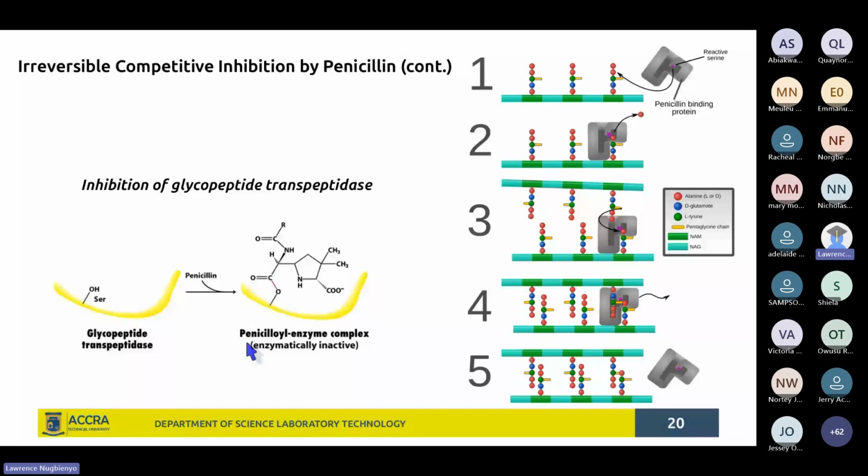That complex is what is referred to as the penicillyl enzyme complex. And so you have an inhibition of that enzyme there.